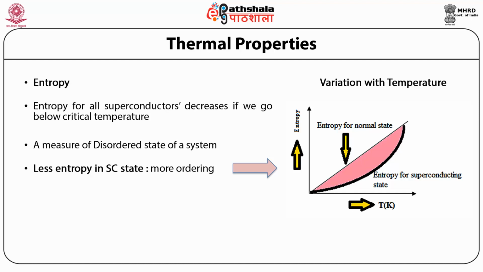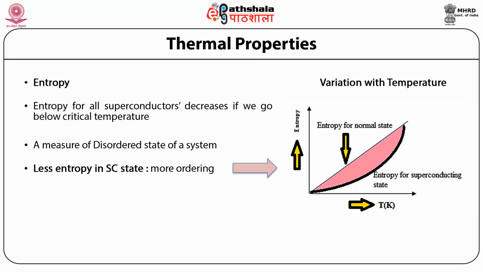So on the basis of entropy we can distinguish the normal state from the superconducting state. In the superconducting state there is less entropy and more ordering, and more entropy means more disordering. Entropy is minimum in the case of a superconductor.